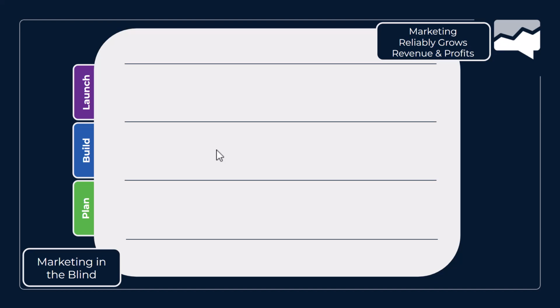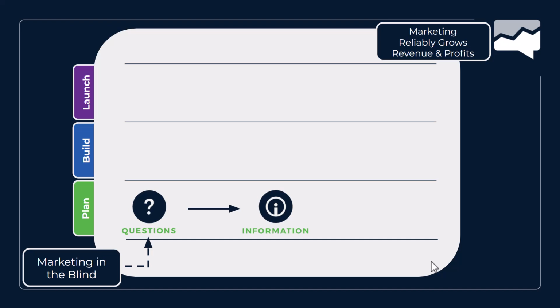And so we start out with the plan, build, and launch, those 3 different steps. In your plan, you have to know what questions to ask, the information you need to answer those questions, and the actions you're going to take. Now, if you could take away one thing from this workshop, this is the piece I would want you to take away. Because in working with thousands of different companies and so many different people, this is the thing that is forgotten.